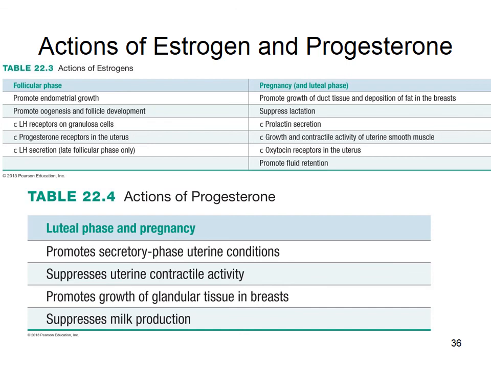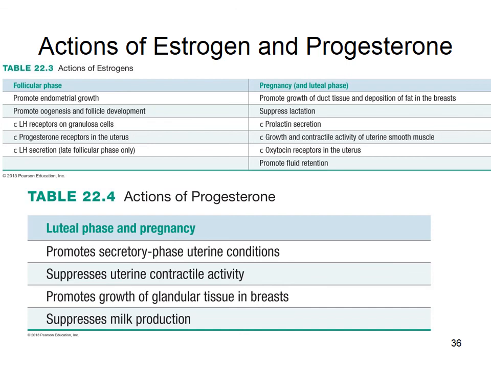That's why women who are trying to lactate, when they go on birth control after giving birth, get progesterone-only birth control. It's also going to promote the growth and contractile activity of the smooth muscle in the uterus to get ready for childbirth. It increases oxytocin receptors in the uterus, and remember, oxytocin causes uterine contractions for childbirth. It also promotes fluid retention.